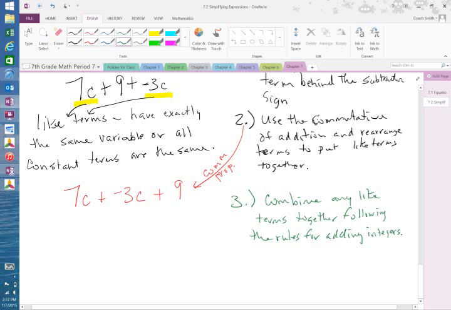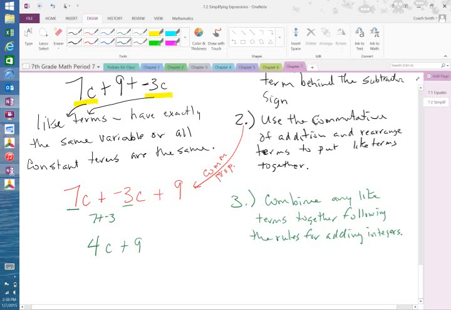In other words, 7 plus negative 3. What is 7 plus negative 3? 4. And it's 4c plus 9.